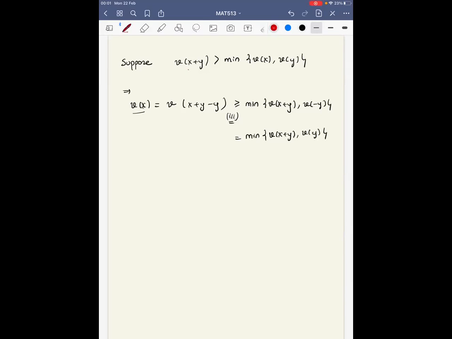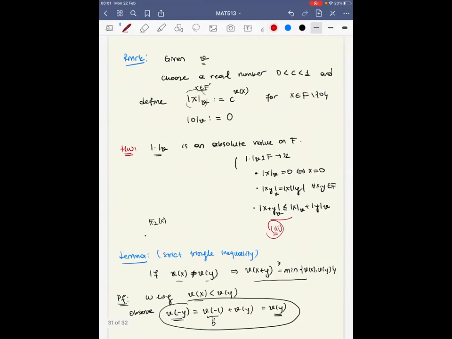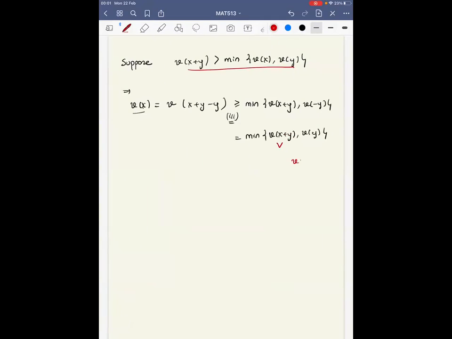And by our assumptions, v of x is less than v of y, we see that the minimum of this valuation is v of x, hence valuation of x plus y is bigger than v of x.